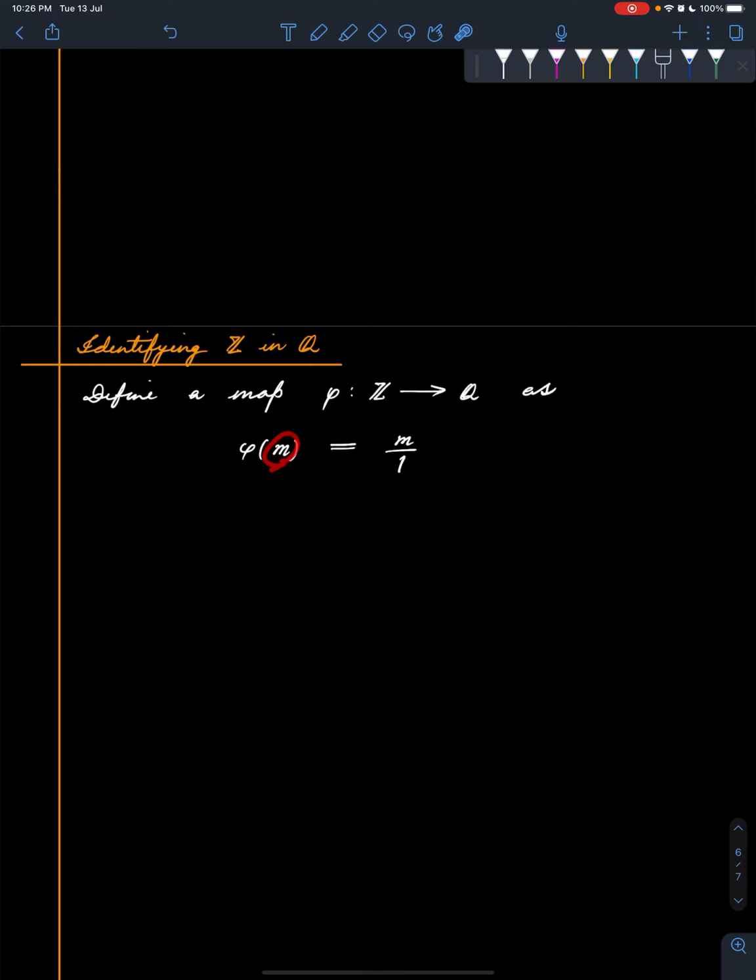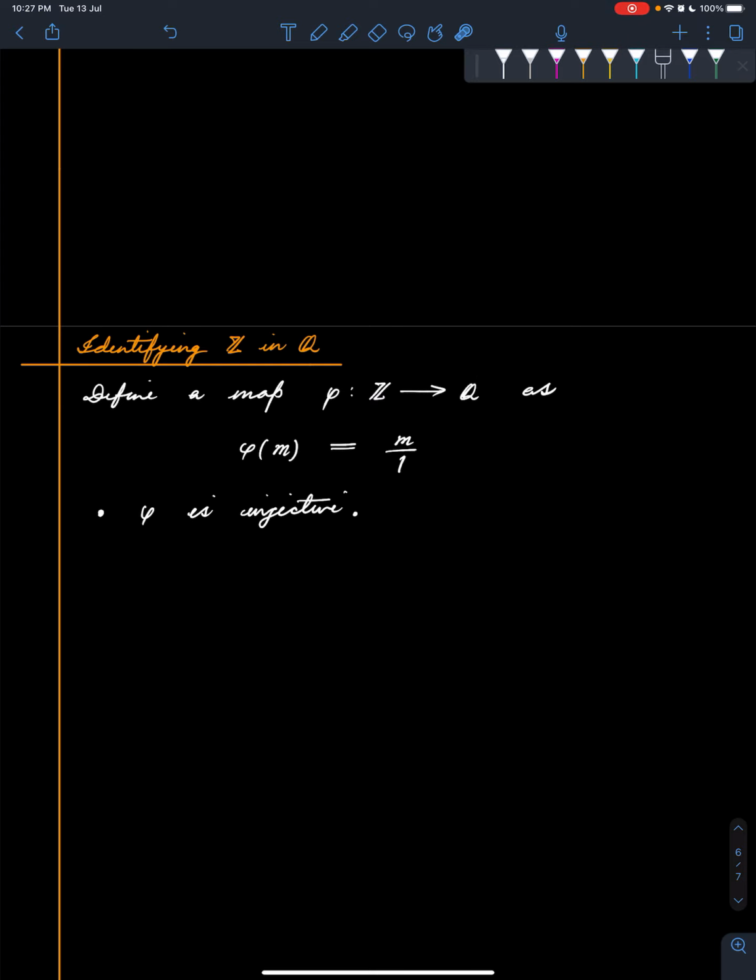So once you're given an integer, you put a slash in here. So this equivalence class is now thought of as the integer that we started with, and one sees that phi is injective. So that's one thing. So at least this is not losing any information on the set theoretic basis, meaning it does not take two different integers and send them to the same thing.